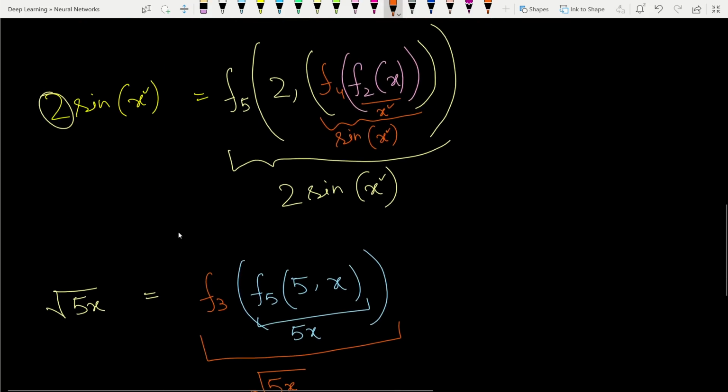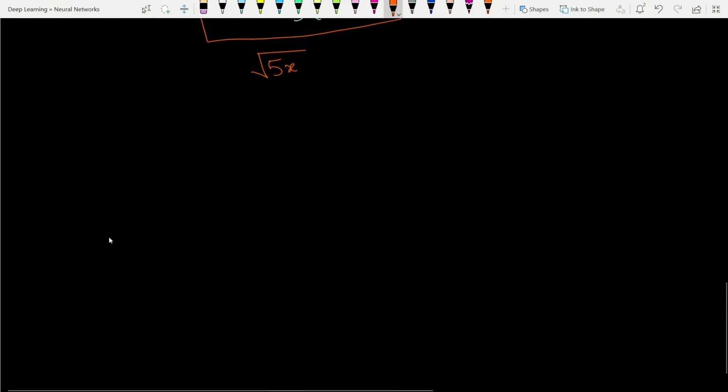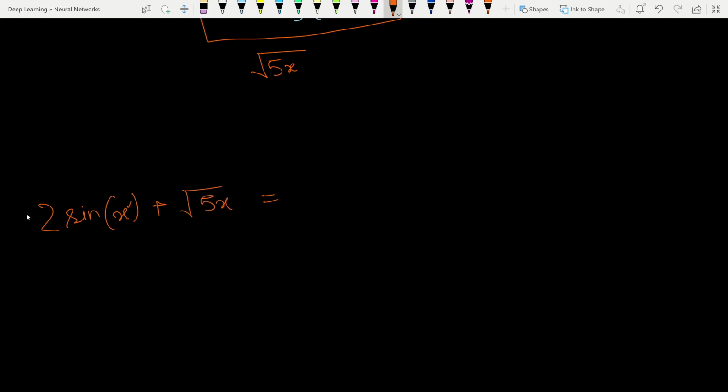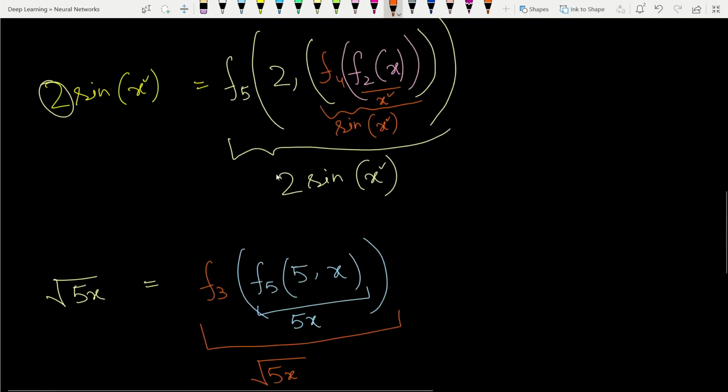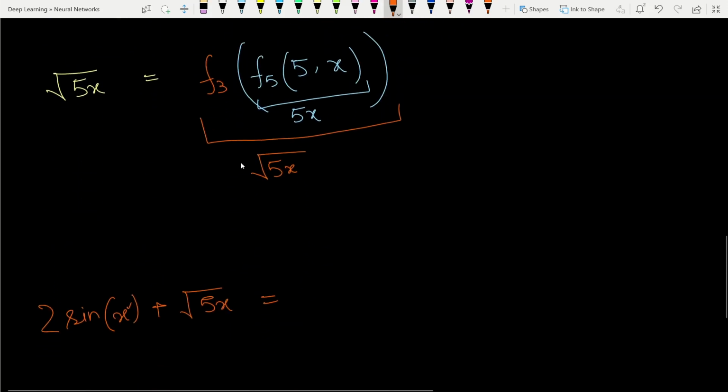Finally, what do we require? We require 2 sine x square plus root 5x. For these equations we know what each part is, and for the sum we require a function.